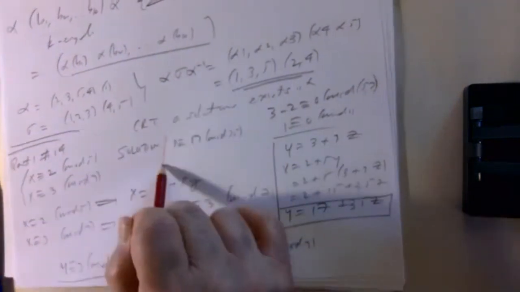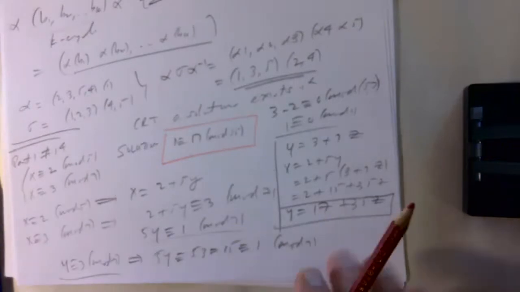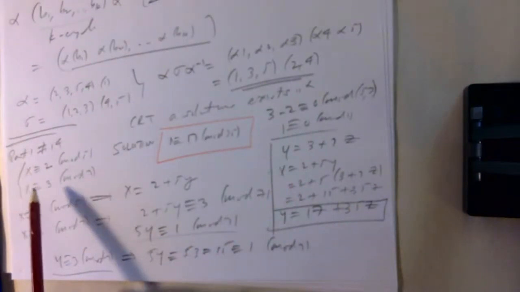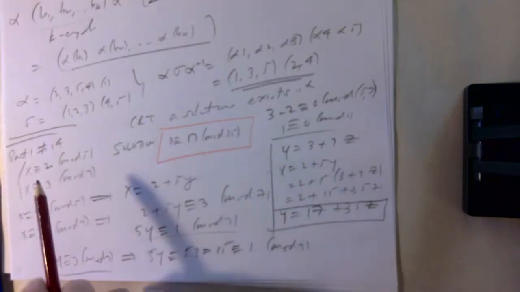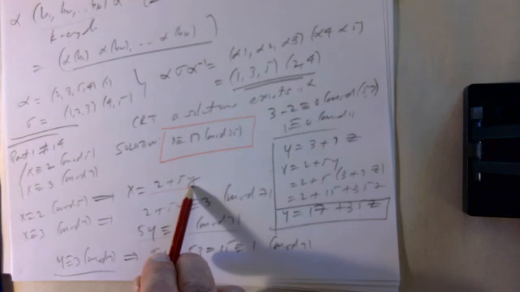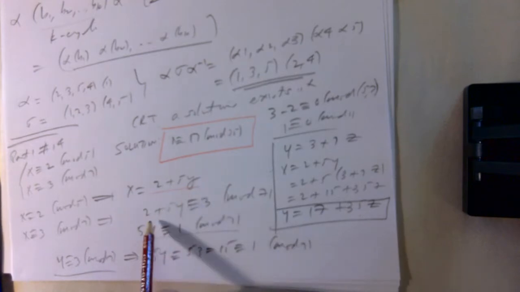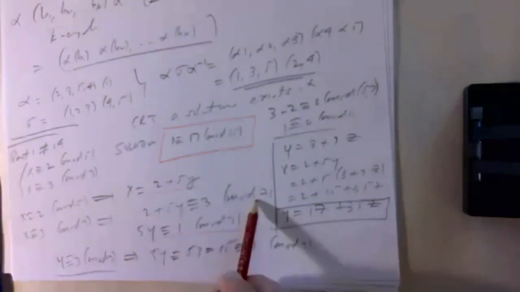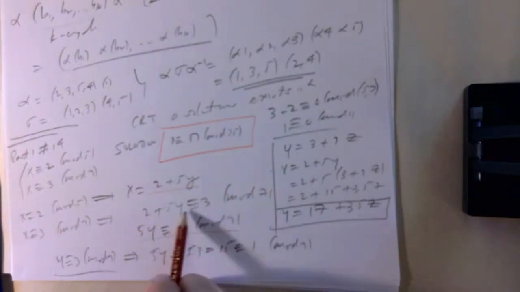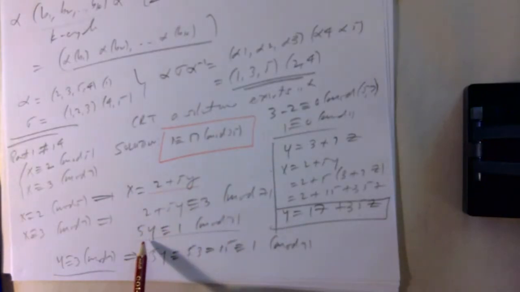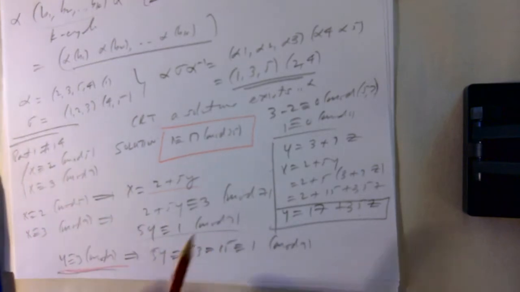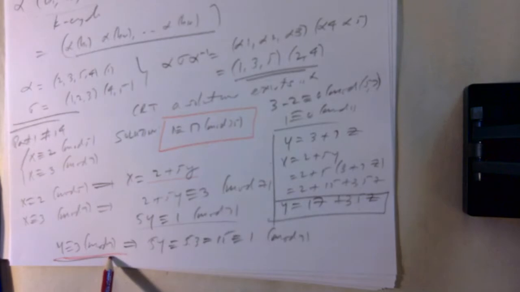Why is it mod 35? Well, 2 reasons. First, the proof tells us that if x is 2 mod 5, then x is 2 plus 5y for some y. But x is also congruent to 3 mod 7. So x is of the form 2 plus 5y, and y is a solution of this congruence, which is the same as 5y congruent to 1 mod 7, which is the same as y congruent to 3 mod 7.